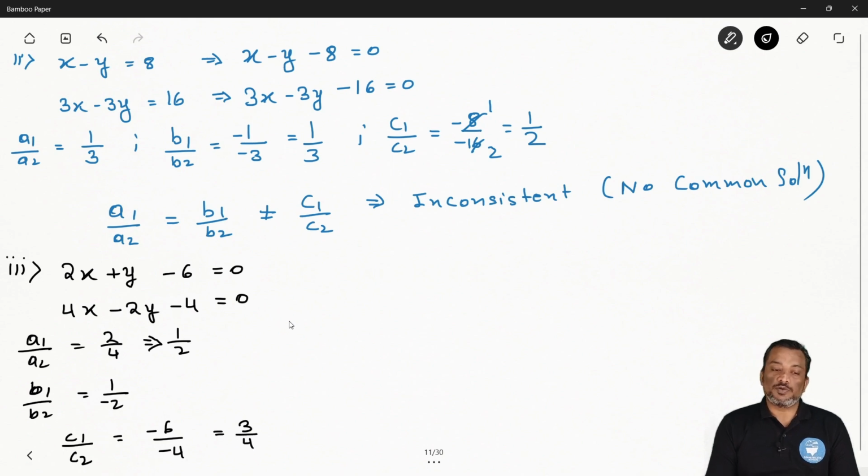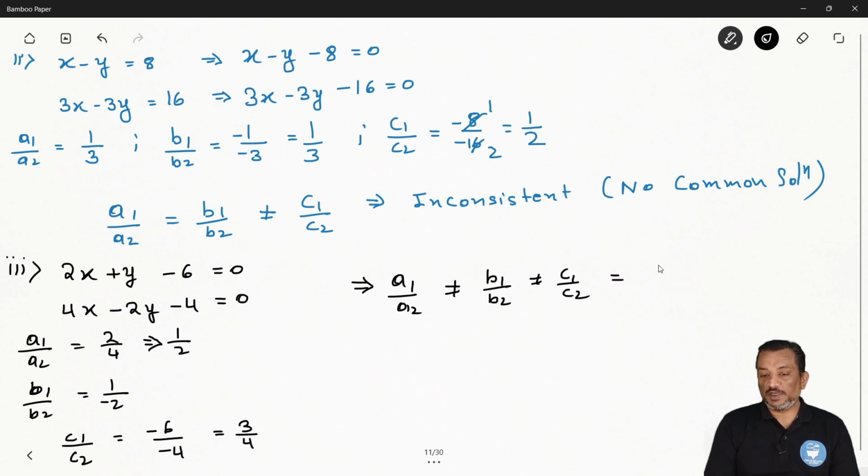Okay, so here in this one we can say a1 over a2 is not equal to b1 over b2 and not equal to c1 over c2. So which means it will form which one?